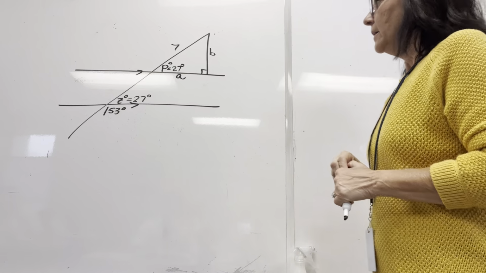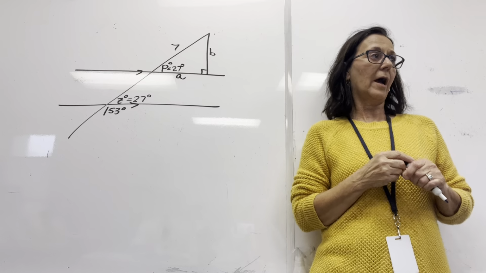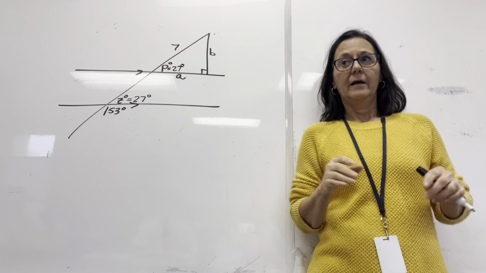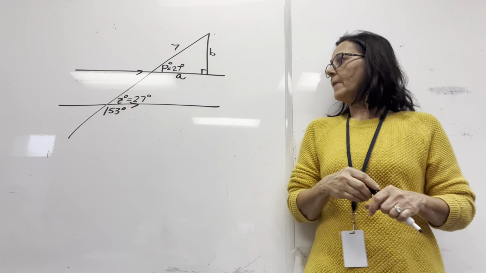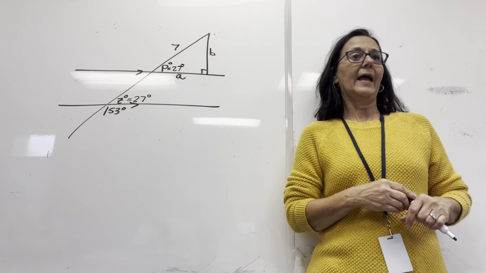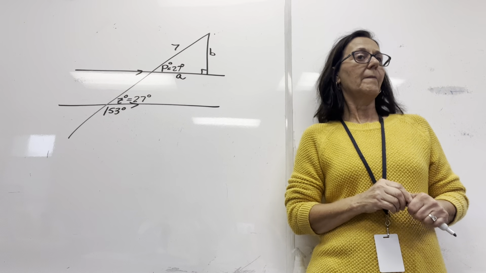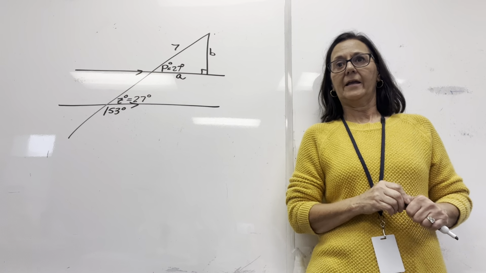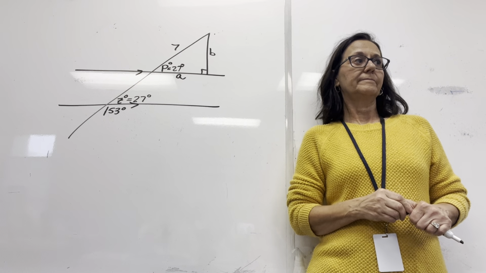Now, I want everybody to look at the triangle. It's a right triangle, so we're using trig. I want everybody to think: what trig ratio am I going to use to solve for A? Don't say it, think it. Does everybody have it in their minds?